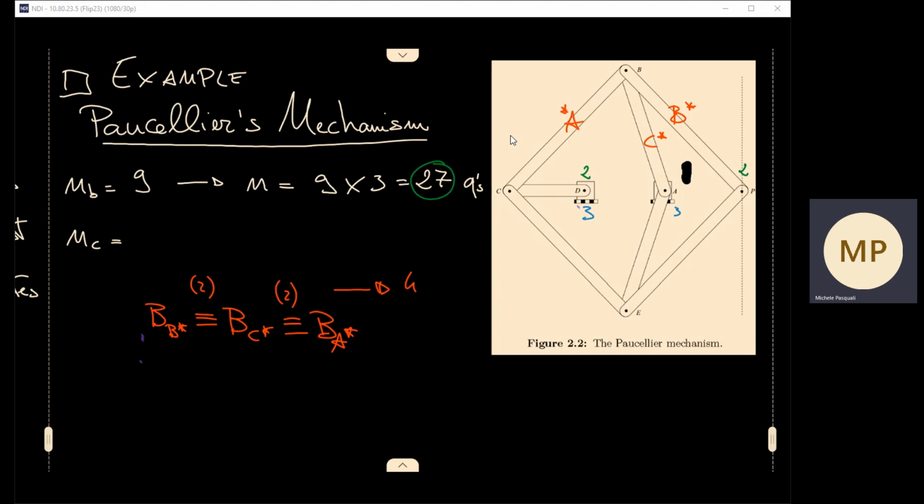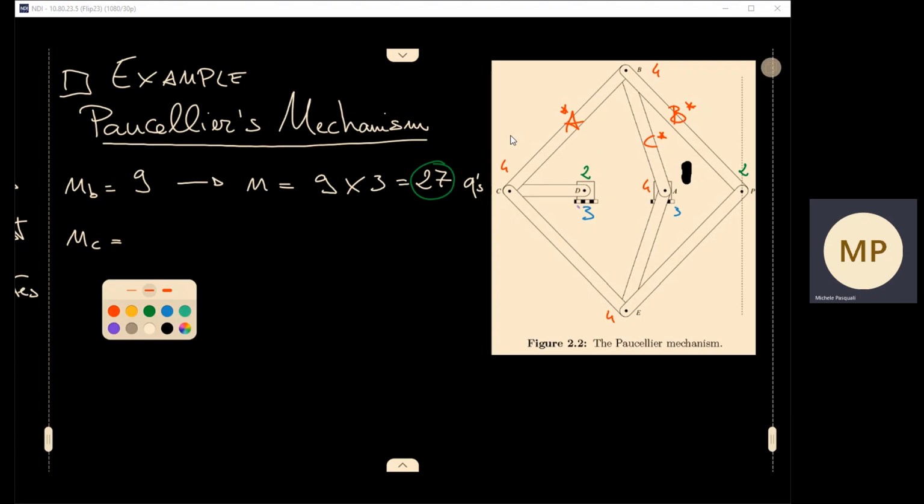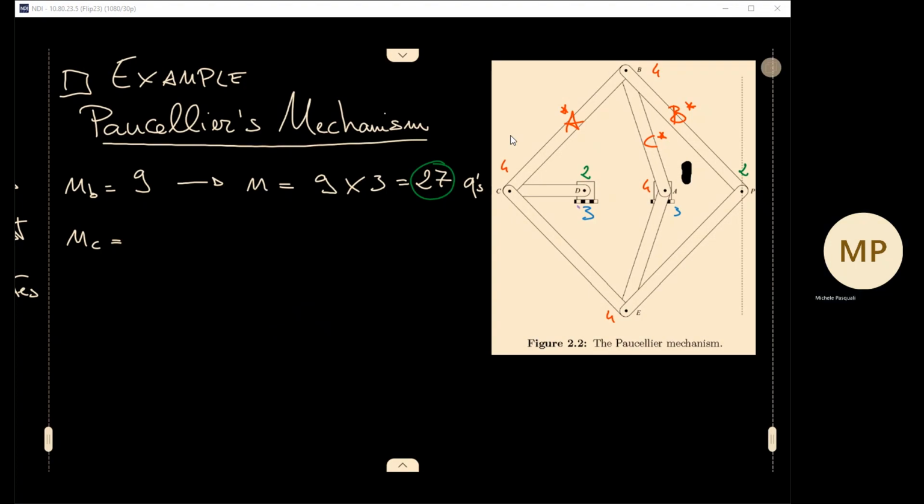Okay, so let's write it. So here we have 4. Here we have 4. Here we have 4. And here we have 4 as well. Okay? So each one of these complex, if you want, hinges is characterized by 4 equations. So if you sum this up, we have 16 equations coming from, let's say, these complex hinges, because there are 4.